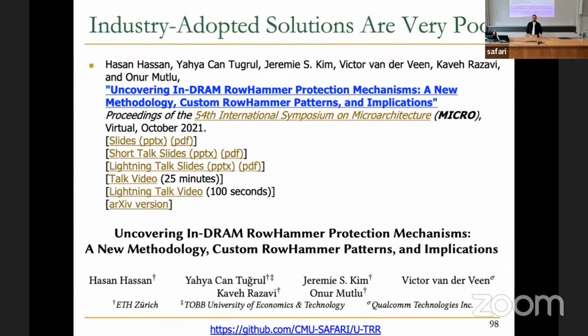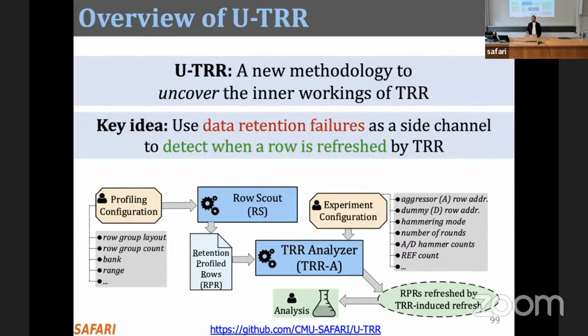The next work that I mentioned is uncovering in-DRAM RowHammer protection mechanisms. This is the work that followed up TRRespass, where we do a rigorous reverse engineering study. Basically, we use data retention failures as a side channel to understand if a DRAM row is refreshed or not.